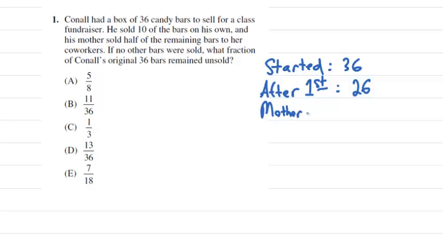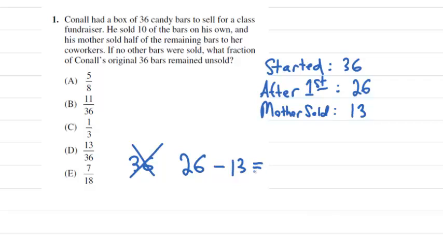So his mother sold half of the 26, so she sold 13 to her co-workers. No other bars were sold. What fraction remained unsold? So we started with 36, then it became 26, and 13 of those were sold. So right now we're left with 13.